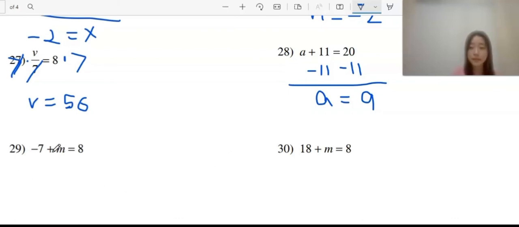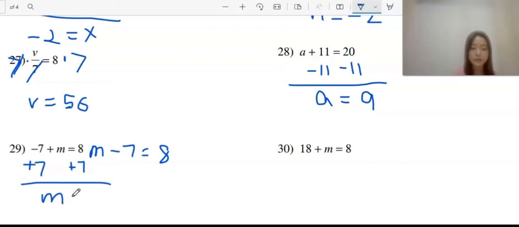Negative 7 plus m is equal to 8. So in other words, this is m minus 7 is equal to 8. So 7 is subtracted, so we want to undo that. So we add it back, plus 7. On the right side too. So that's just m equals 8 plus 7, which is 15.